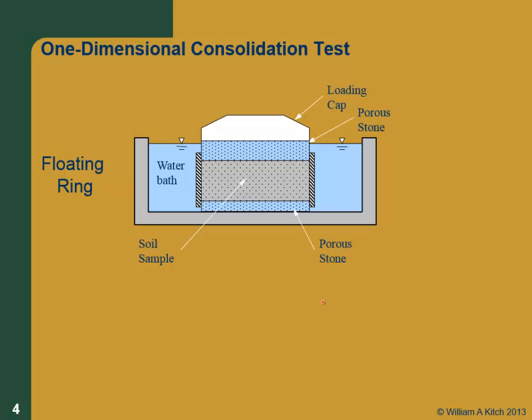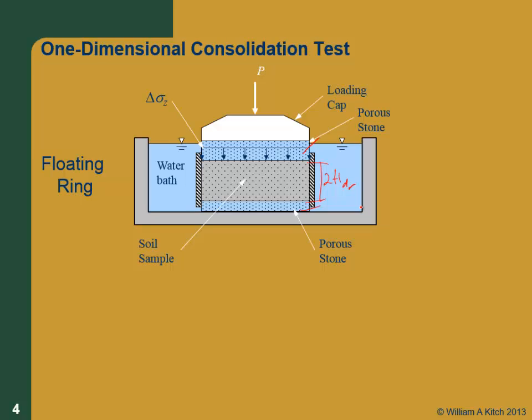So it's helpful to start this discussion with just what is going on in consolidation. The simplest way to look at that is an odometer test, which we're all familiar with. This is our odometer, and this particular one happens to be a floating ring odometer, which means it has drainage on both the top and the bottom, and this distance, the height of the sample, is 2 times H_DR, the notation I use for the drainage distance.